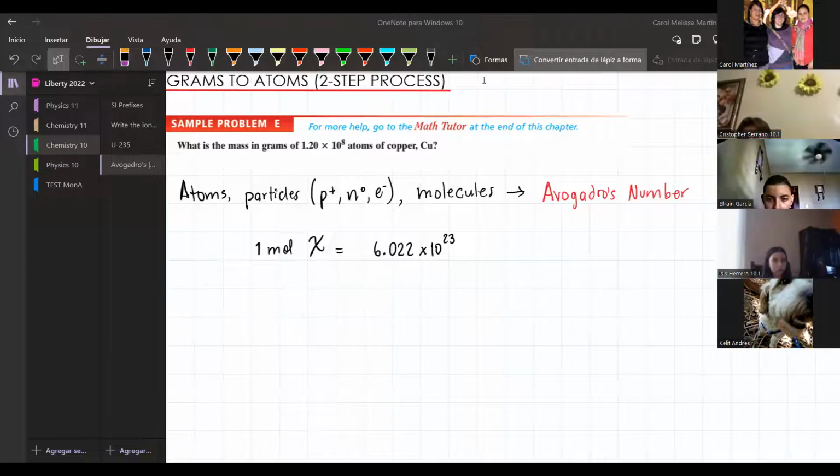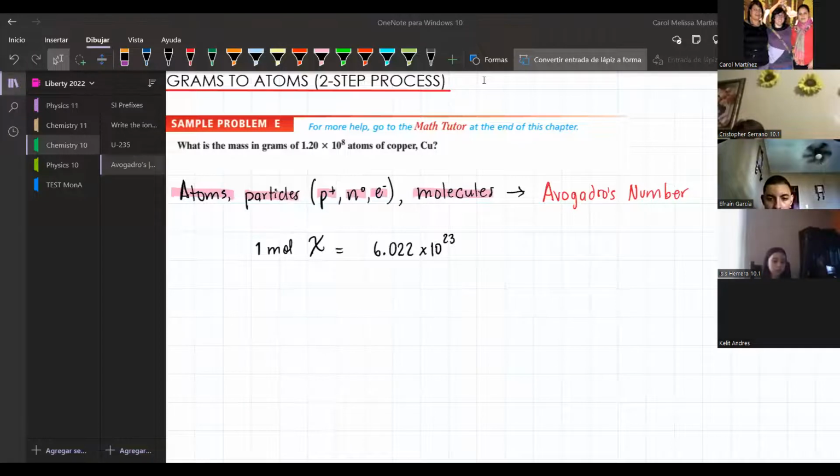Okay, 1 mole of whatever substance is going to have Avogadro's number, 6.022 times 10 to the 23rd power, number of, that could be atoms, particles, protons, neutrons, electrons, or molecules.